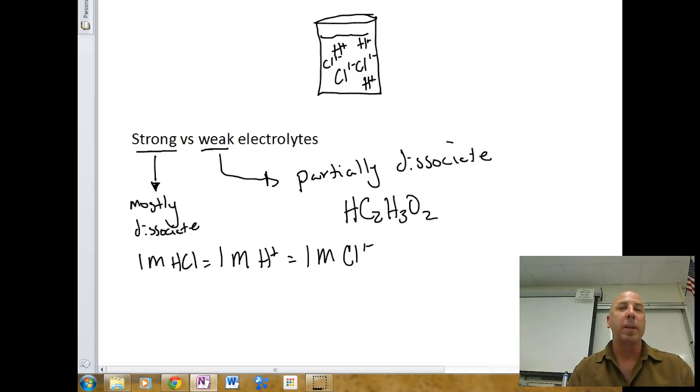When acetic acid is placed in water, it really doesn't dissociate 100% of the way, meaning if we have a 1 molar solution of acetic acid, it doesn't necessarily mean we have 1 molar of hydrogen ions. Actually, only a very small amount of hydrogen ions are released, so there's only a partial dissociation. In this case, we call acetic acid a weak acid because it is a weak electrolyte.